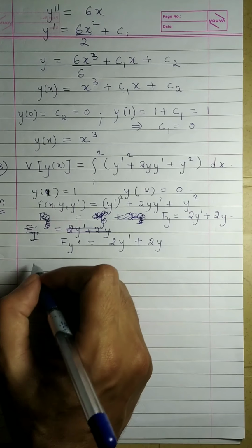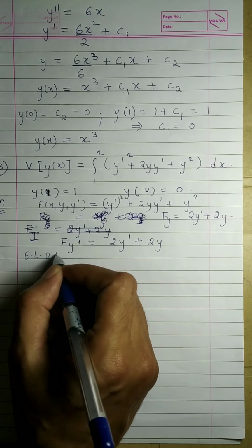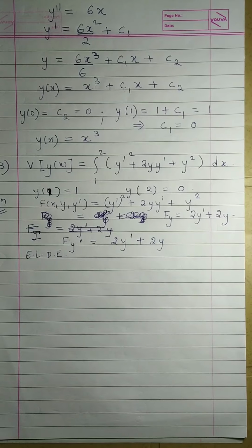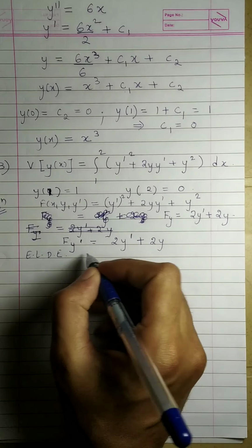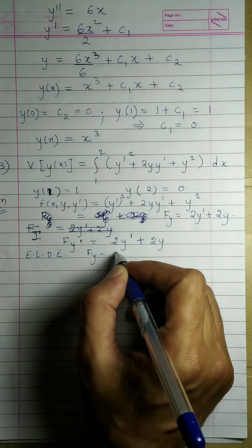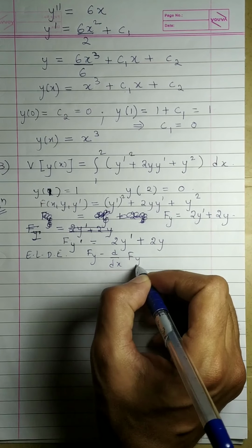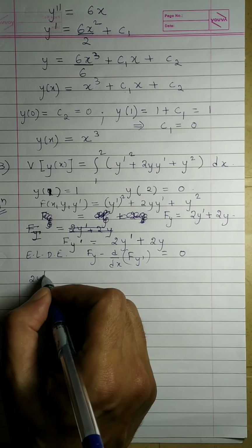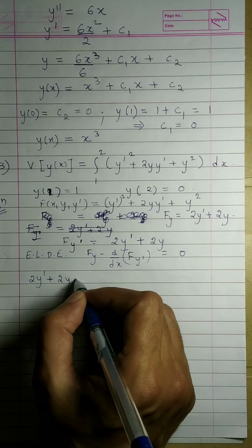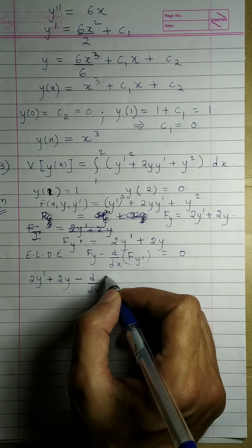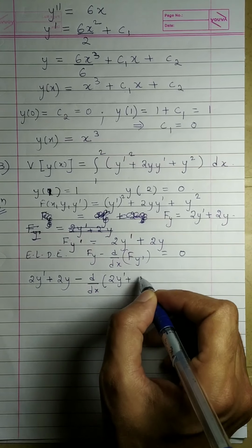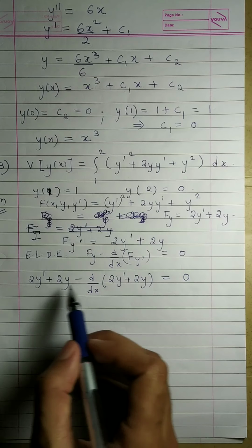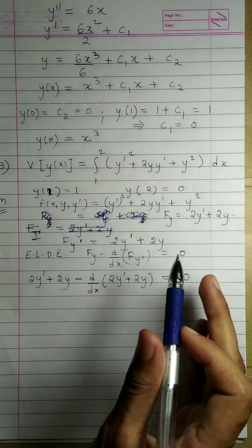So the Euler-Lagrange differential equation becomes F_y minus d/dx of F_y' equal to 0. So that will be 2y' + 2y minus d/dx of (2y' + 2y) equal to 0. Clearly, if I take the 2 common out, it will get cancelled.